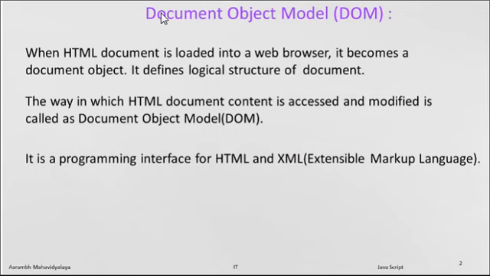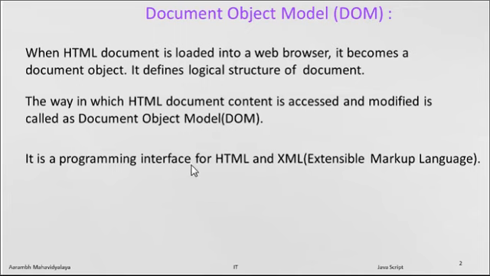Next topic is the Document Object Model, that is DOM. When an HTML document is loaded into a web browser, it becomes a document object. It defines the logical structure of a document. The way in which HTML document content is accessed and modified is called the Document Object Model.